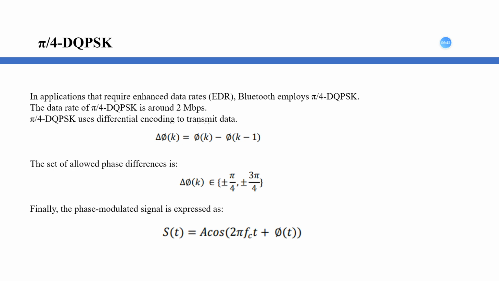Phi k-1 is the phase of the previous symbol, and the current symbol's data is represented by the phase difference. The set of allowed phase differences is constrained within pi, and the phase modulation signal ST is the same as in GFSK.